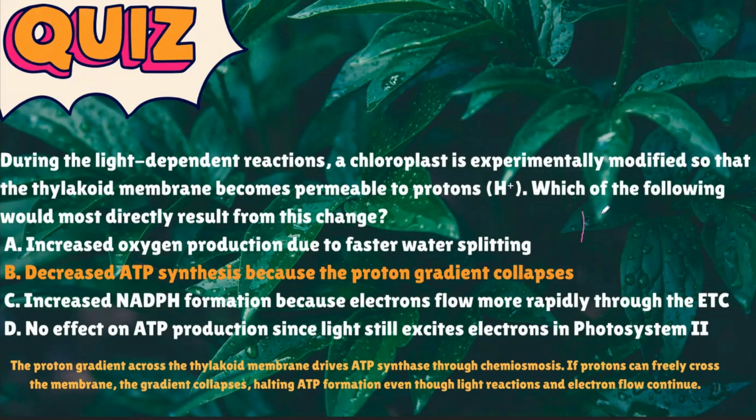And the process of the ATP synthase is to go against the gradient. Now, if we're going with the gradient, what ends up happening is it's going to become permeable. So there's going to be decreased ATP synthesis. If we have the thylakoid membrane permeable, we don't need to utilize the ATP synthase. It's just going to easily flow through.